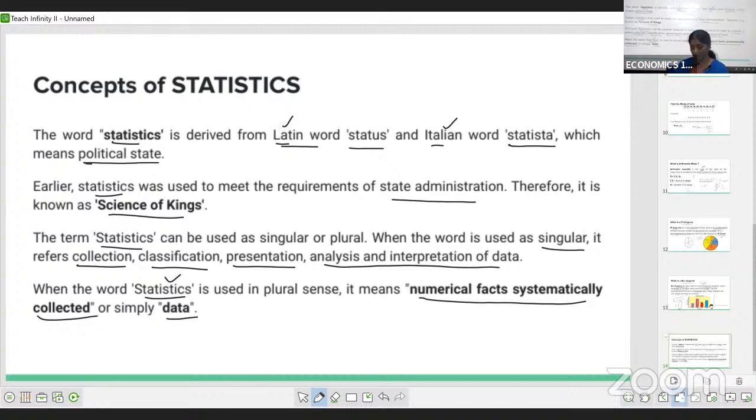Then the median, its definition and how to calculate it with an example. Then mode, its definition and how to calculate it. Then arithmetic mean, its definition, and we gave an example. Then the pie chart, the circle, pie diagram or pie chart.